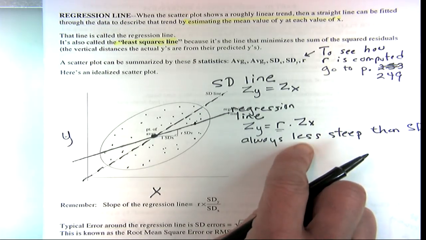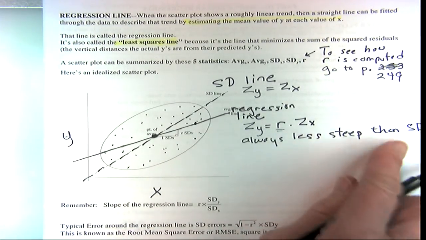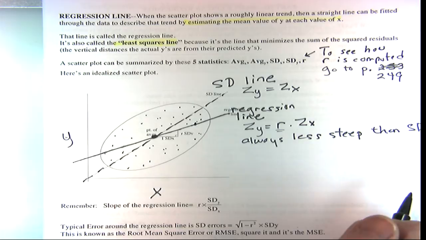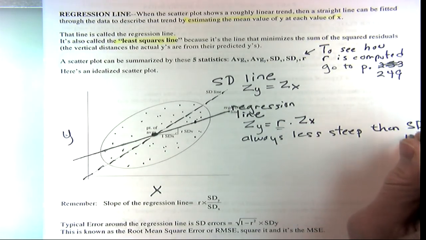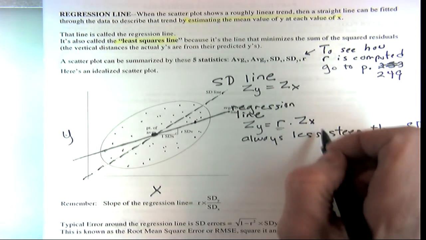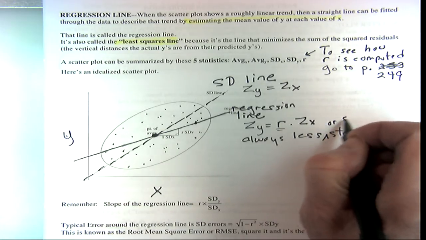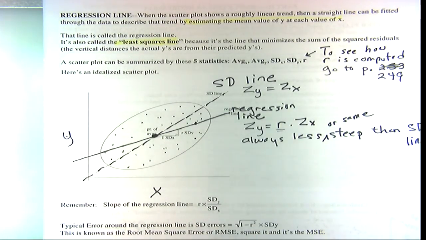So it's always less steep than the standard deviation line, or the same. Okay?